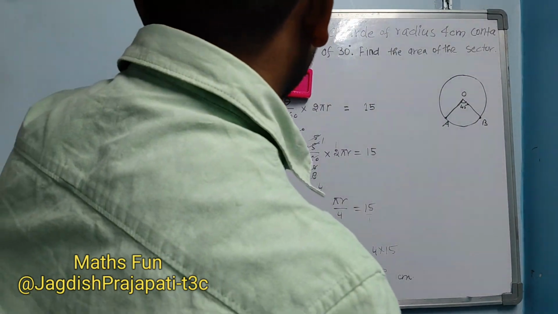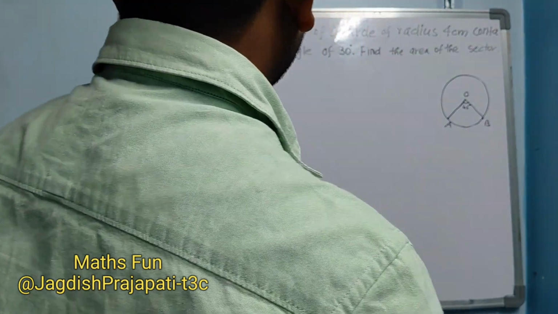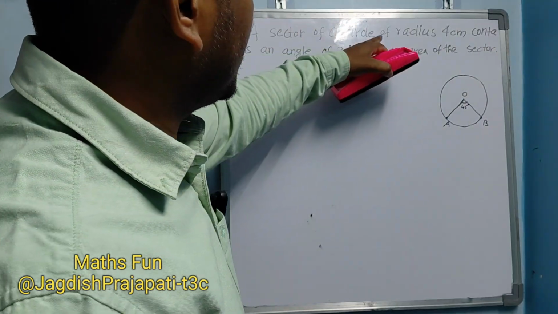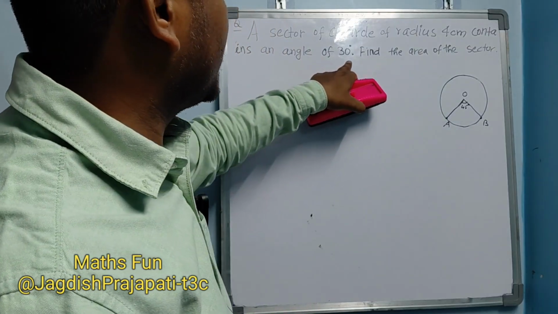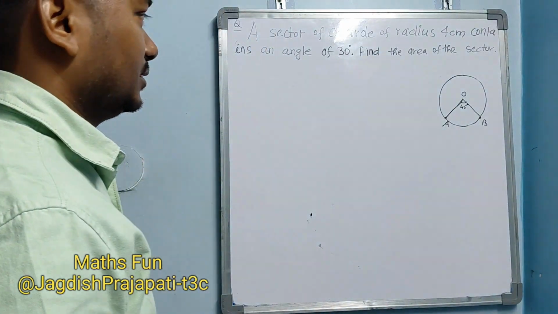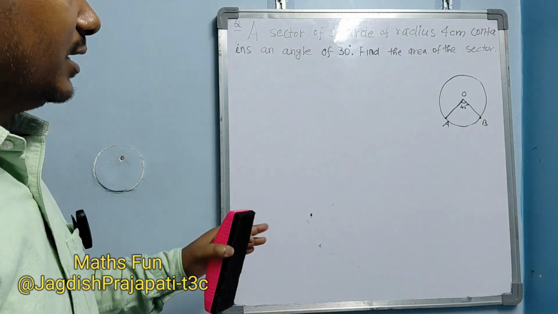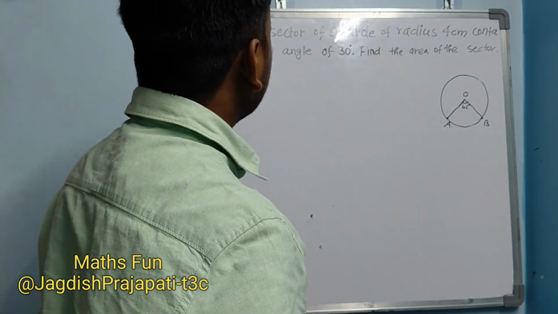So now we have given this question and we have to solve it. A sector of a circle of radius 4 centimeter contains an angle of 30 degree. Find the area of the sector. Okay. So let us visualize it over the circle.